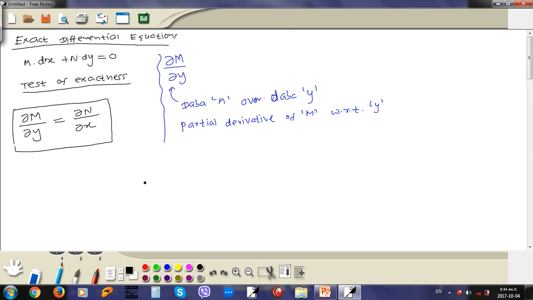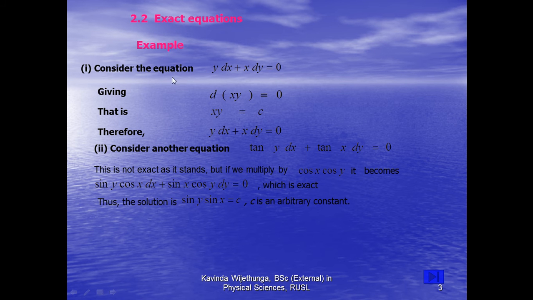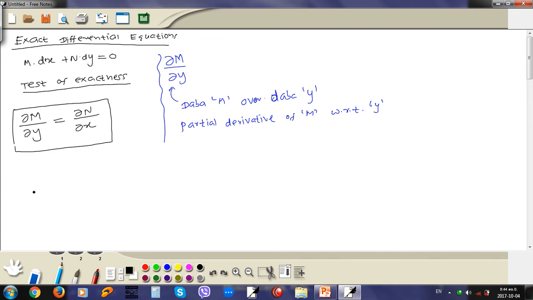So we will consider an example. Example 1: consider the equation y times dx plus x times dy equals 0.